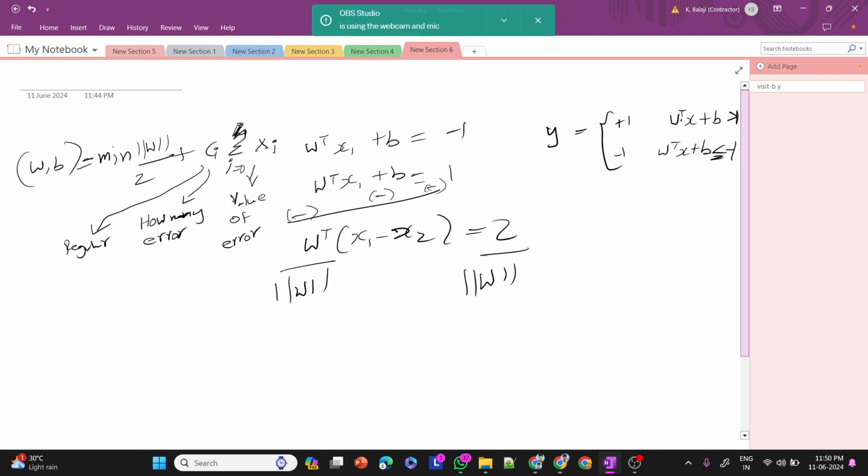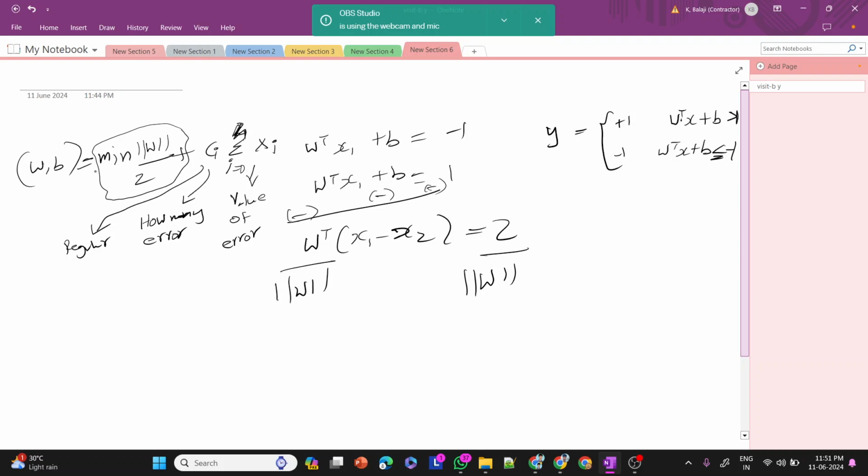By applying this condition, we will regularize the model, and these formulas will smoothly update the weight and bias of an SVM.